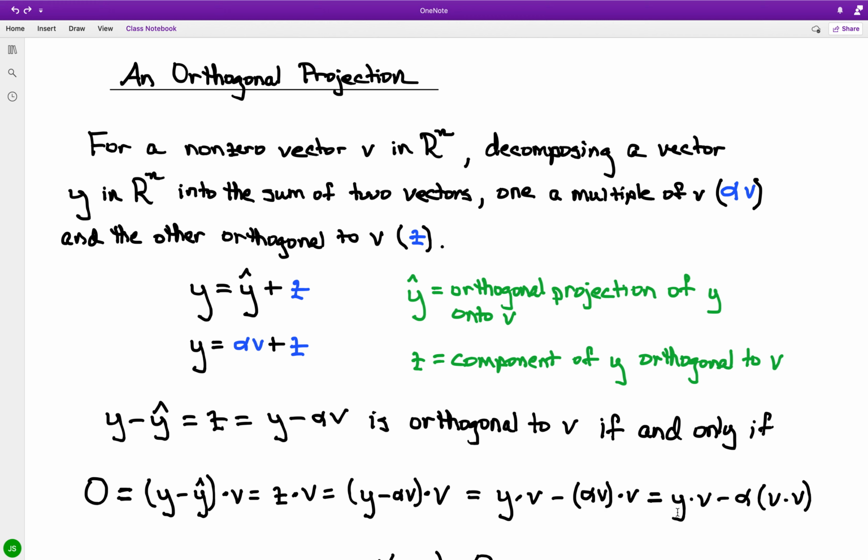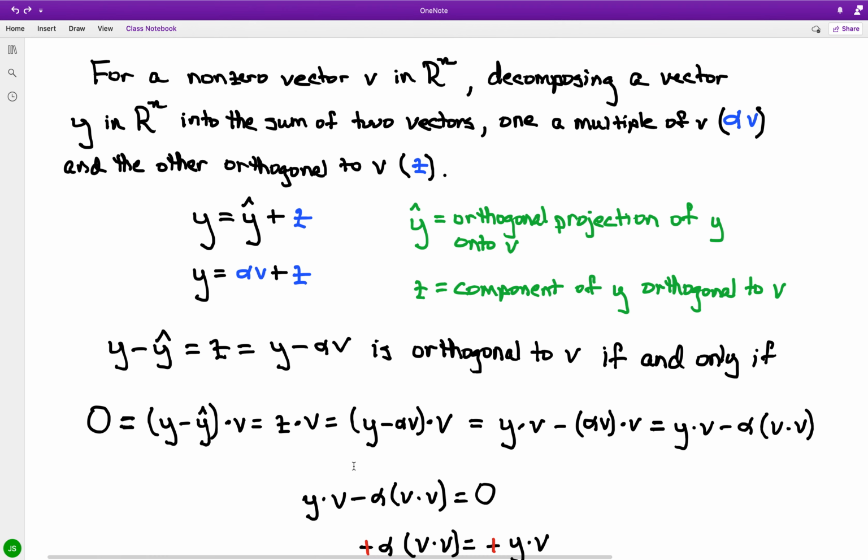This comes down to the dot product between y and v minus alpha times the dot product between v and itself. We have orthogonality if this difference is equal to 0, so, switching it around with the commutative property, y dot v minus alpha times the dot product of v and itself is equal to 0.